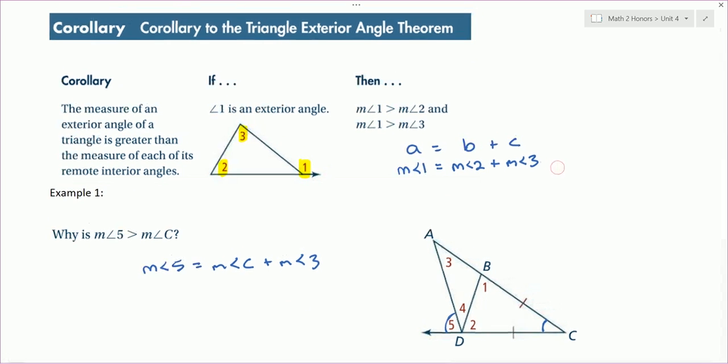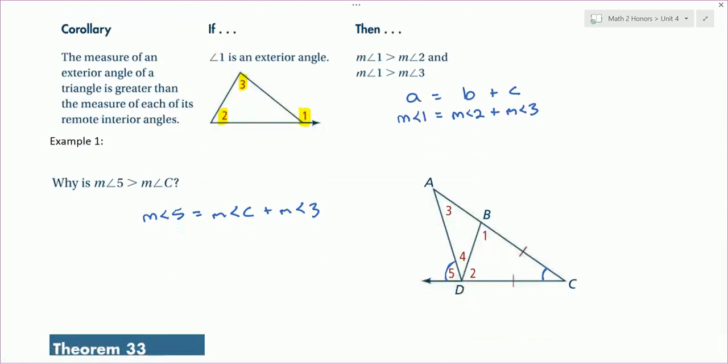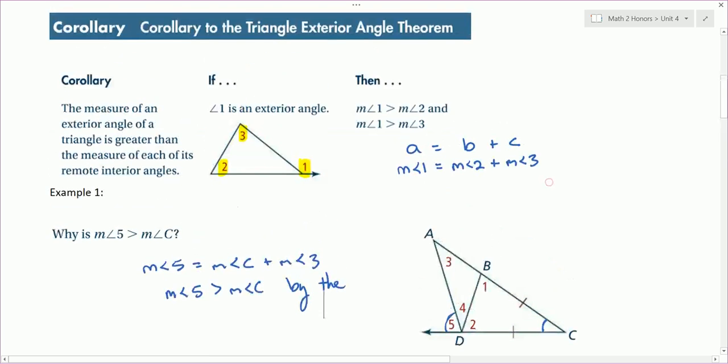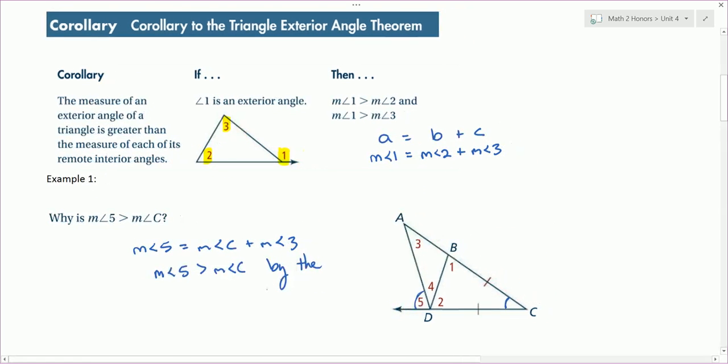Using this corollary, we get that the measure of angle 5 is greater than the measure of angle C, by the corollary to the triangle exterior angle theorem.